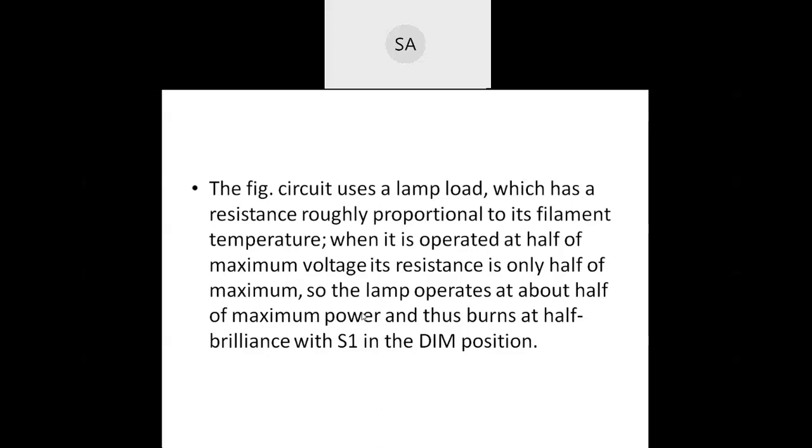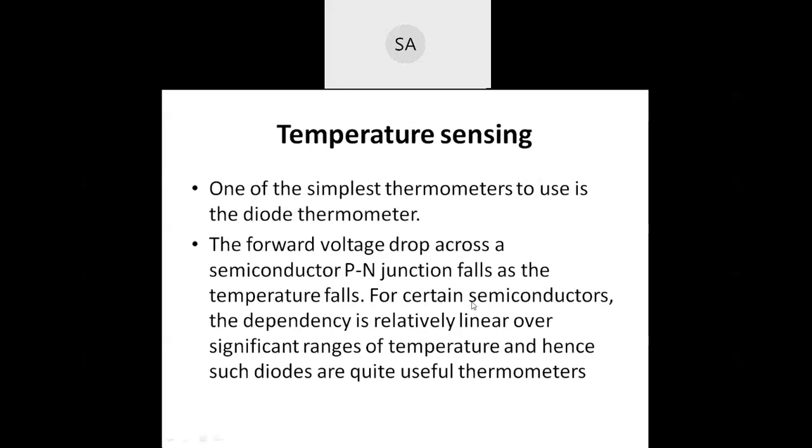And another one is temperature sensing. One of the simplest thermometers to use is the diode thermometer. We use it to sense temperatures. The forward voltage drop across a semiconductor PN junction falls as the temperature falls.